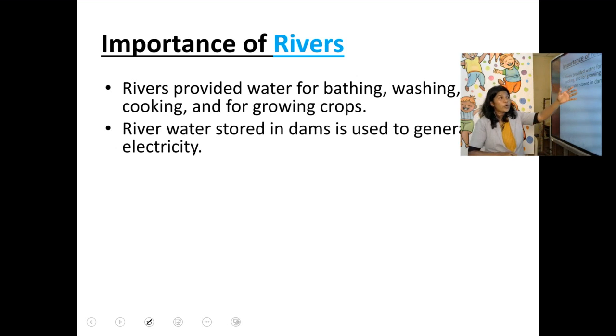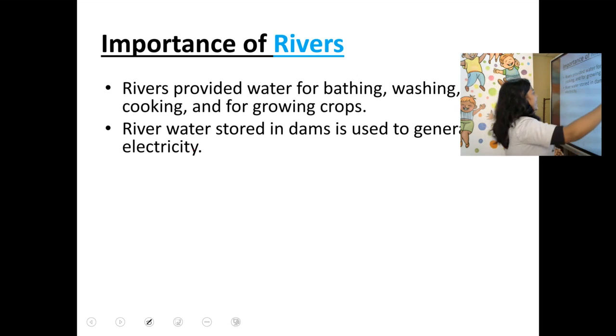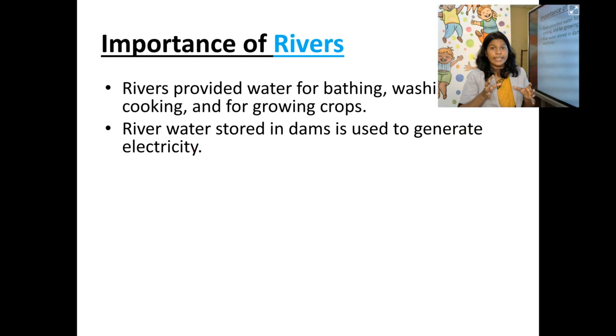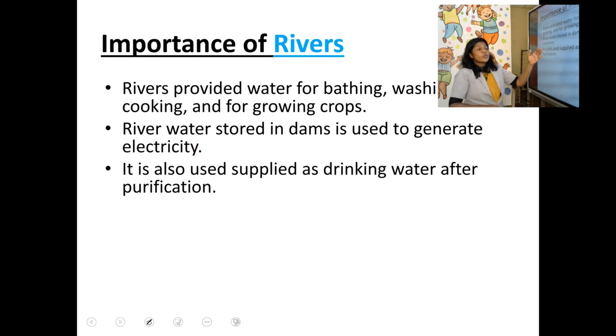Then river water stored in dams is used to generate electricity, for example the Idukki Dam. From the Idukki Dam we can get electricity, right? River water stored in dams is also supplied as drinking water after purification.